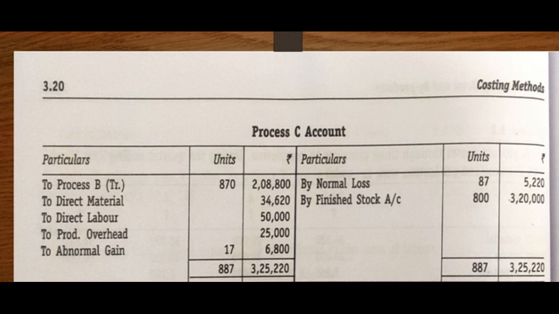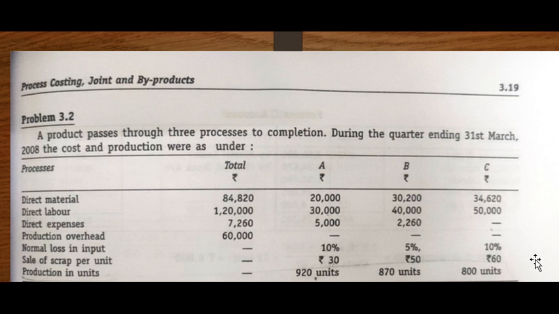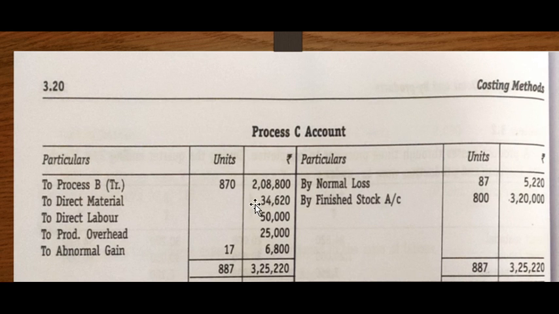Then you have abnormal loss in the problem. So how much is your abnormal loss? Normal loss is 10%. So how much is your input? The input is 870, and 10% is your normal loss, so 870 into 10% will give you 87 units. For these 87 units, have they given the scrap value?